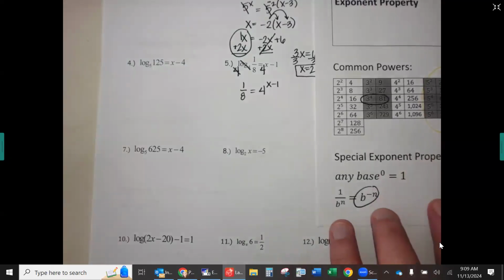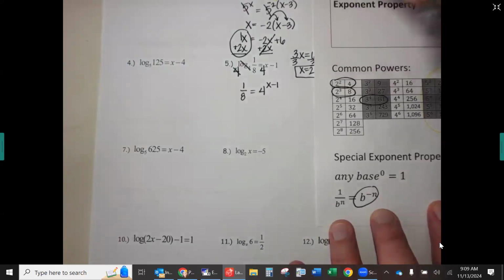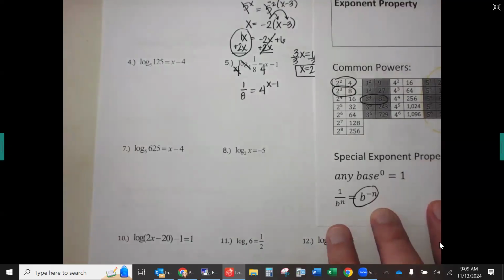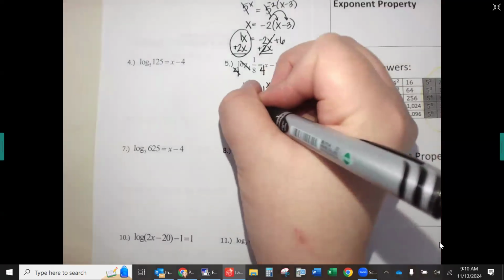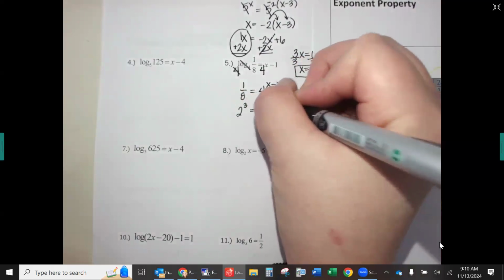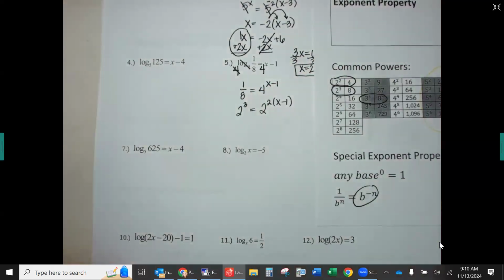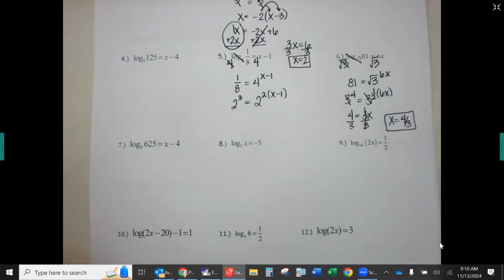So if you look right here, 4 is 2 squared and 8 is 2 cubed. So we're going to have to turn both sides into a 2 base. So my 8 is going to go 2 to the 3. My 4 is going to go 2 to the 2. Remember that the old x minus 1 is just going to stick around. Anything we're missing on that?